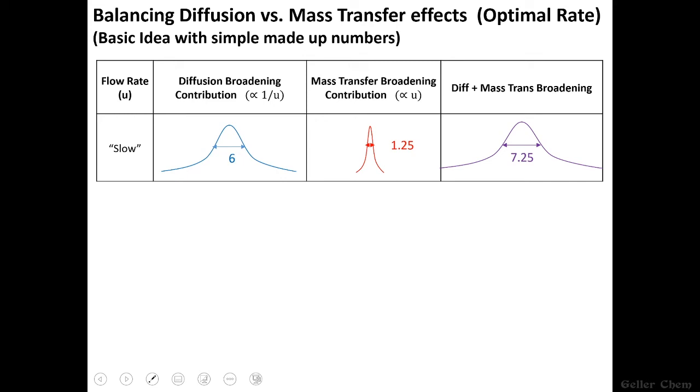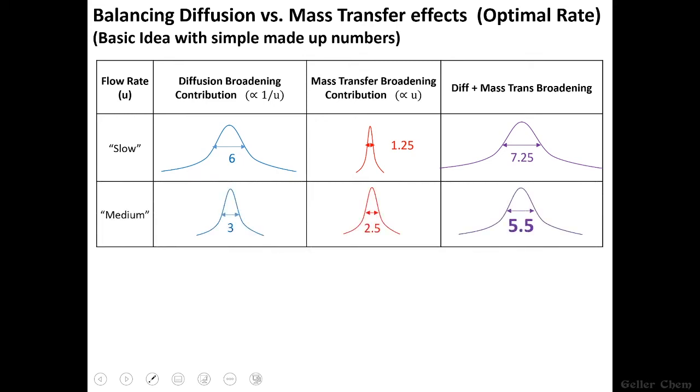Now, let's speed up the flow rate to a speed that we'll label medium. And let's say that at this speed, we've caused both of these broadening mechanisms to change by a factor of 2, but in opposite directions. This goes down by a factor of 2, this goes up by a factor of 2. This ultimately leads to a less broad peak. And the reason why is because the diffusion is being decreased by an objectively larger amount than the mass transfer broadening is being increased.